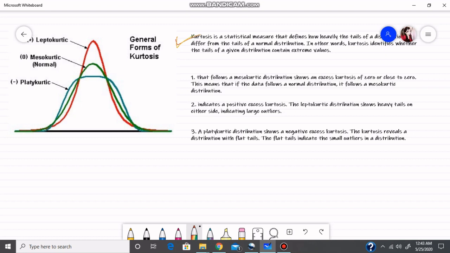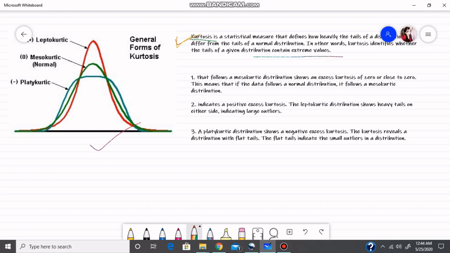Before moving further, I would like to touch upon the types of kurtosis that exist. When we apply kurtosis and gain values, we should be able to interpret them. To define kurtosis, we have already seen that it is the measure of tailedness; in other words, kurtosis identifies whether the tails of a given distribution can contain extreme values.